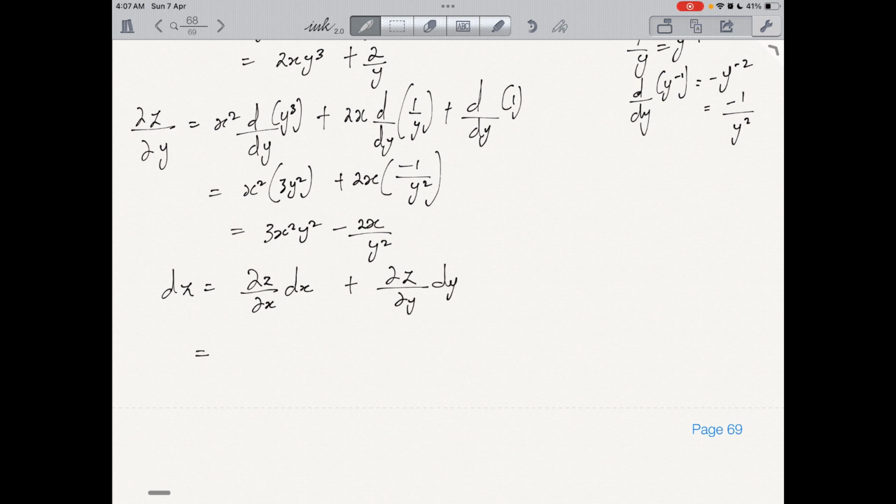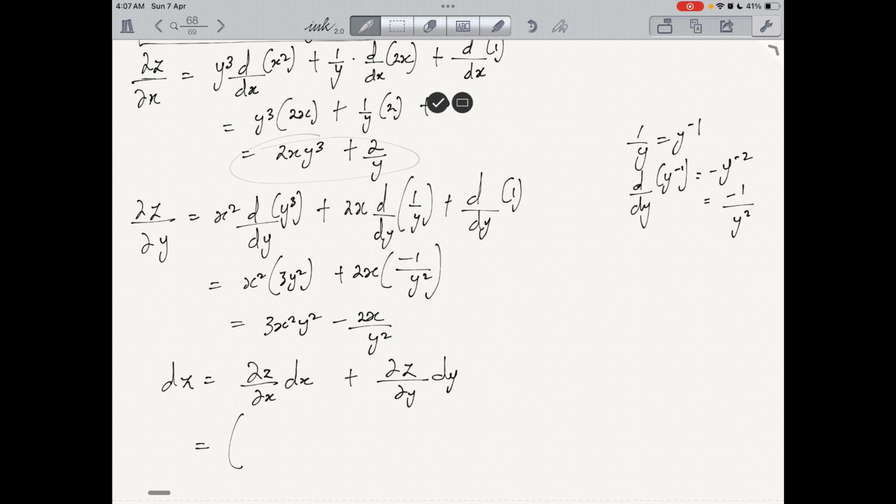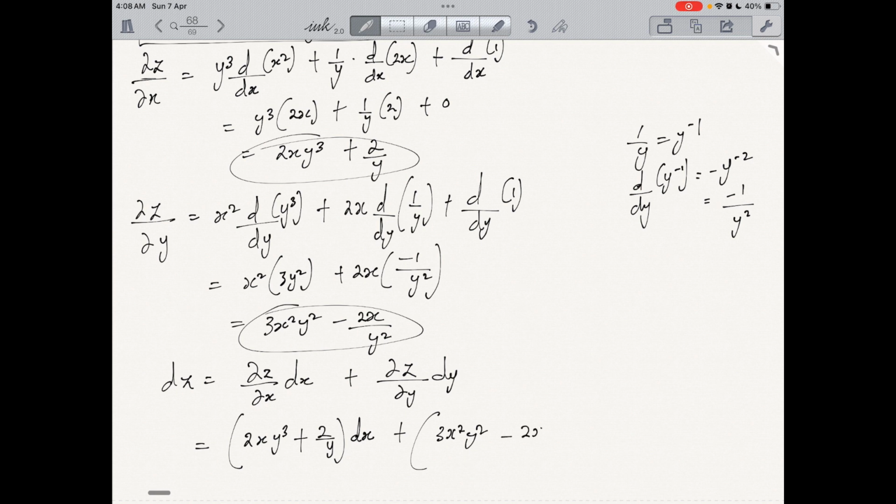Now let's substitute our dz dx, which is this, and that will give us 2xy cubed plus 2 over y multiplied by dx, plus our dz dy, which is this, 3x squared y squared minus 2x over y squared multiplied by dy. So here is our final answer for the total differential of this.